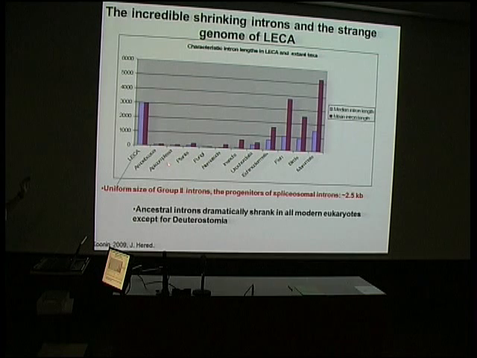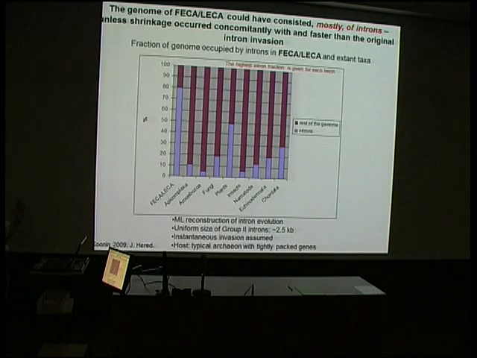So the introns have dramatically shrunk in all modern eukaryotes, except, interestingly enough, for our own lineage, where we do have very large introns. So in that respect, apparently the genome of the last common ancestor of eukaryotes was quite a bit more wasteful than the modern eukaryotic genomes.